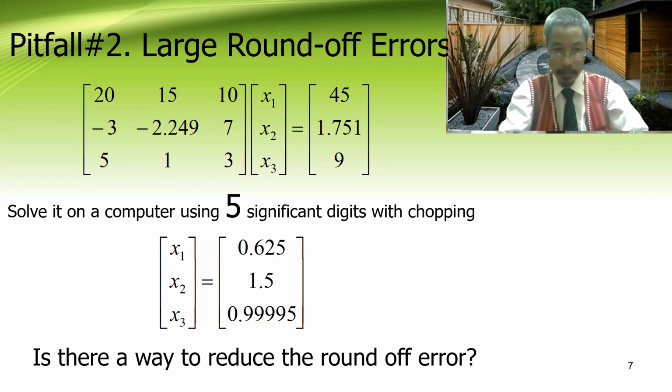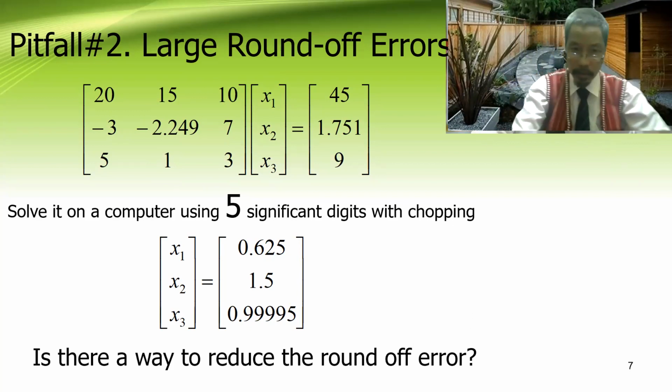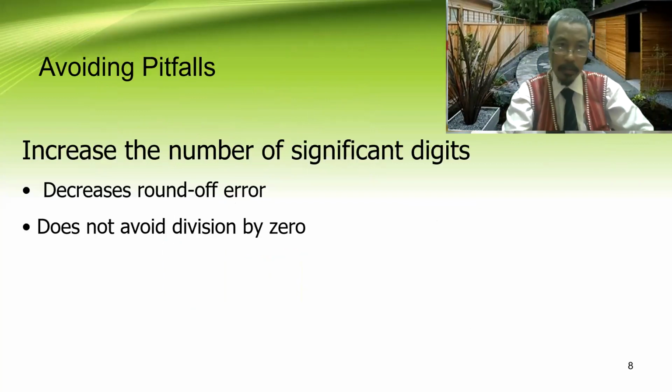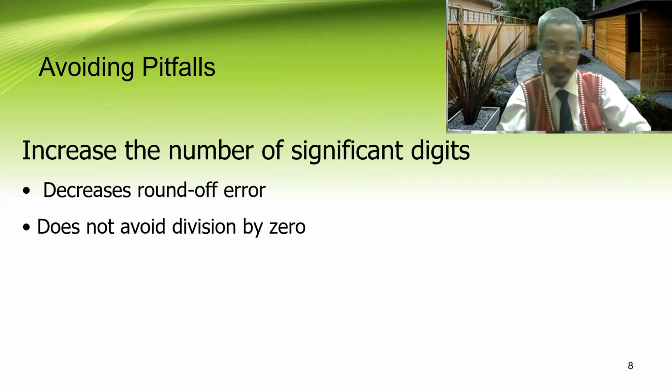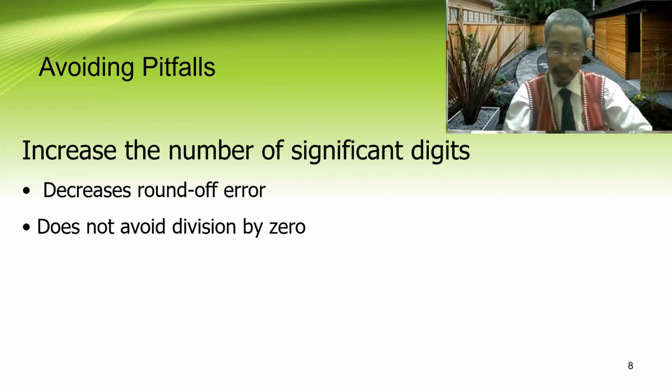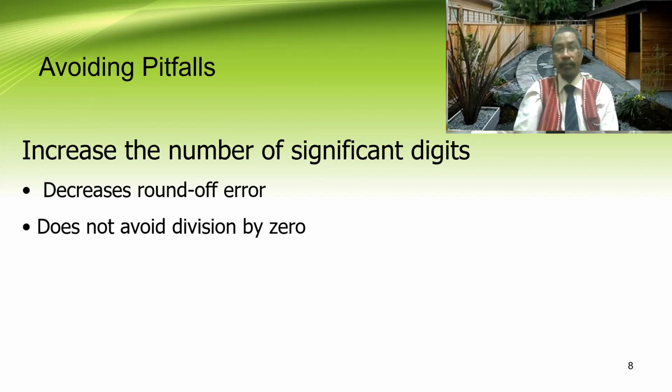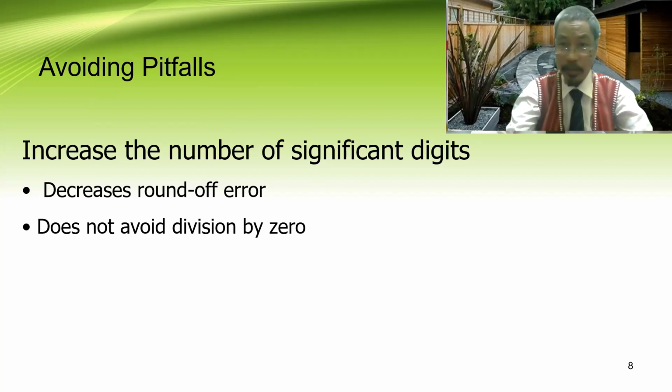Okay, so is there a way to reduce round off error? Avoiding pitfalls. Increase the number of significant digits. By increasing that, it will decrease round off error, but it does not avoid division by 0. So use the exact fraction rather than evaluating the fraction.